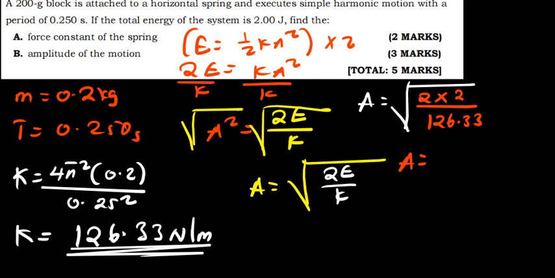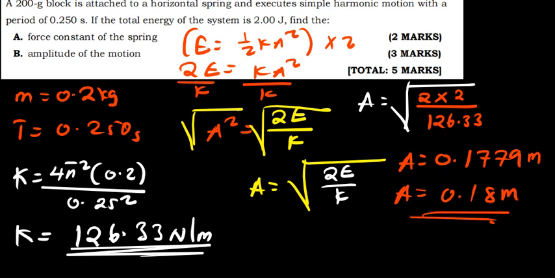The square root of that number, I'm getting 0.1779 meters. So I can round it off and say the amplitude is 0.18 meters. So that is the answer. That is it for question 2. Let's dive into question 3.